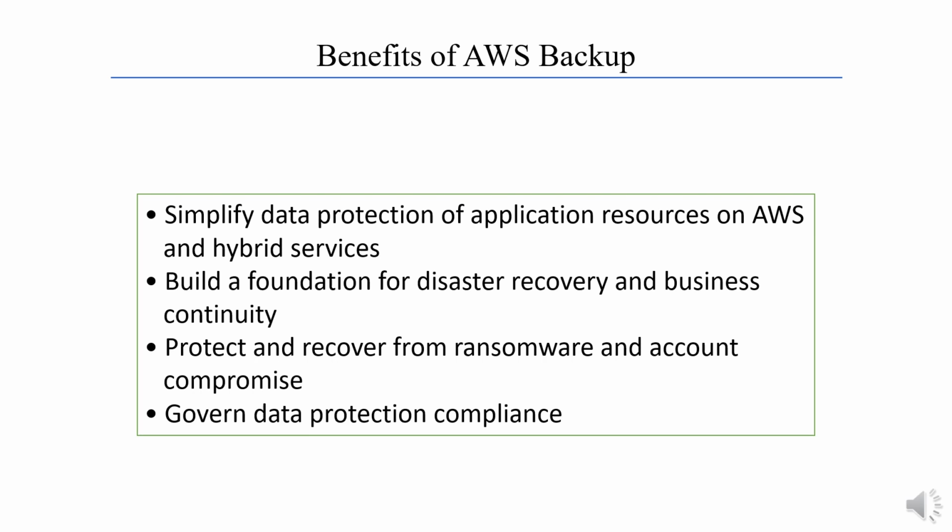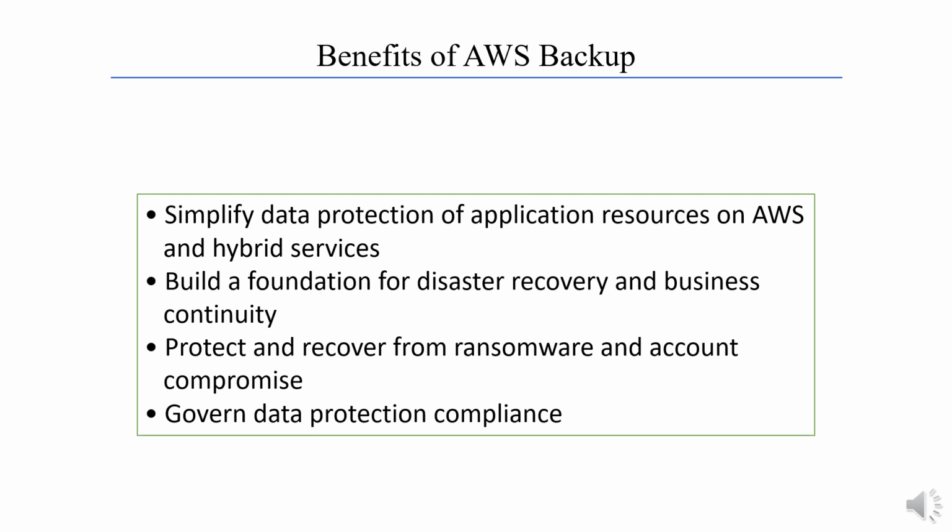Simplify data protection of application resources on AWS and hybrid services. You can centralize backup and recovery with a fully managed policy-based service. Build a foundation for disaster recovery and business continuity. You can back up across different AWS regions and accounts. Perform automatic restore testing and validation of backups.